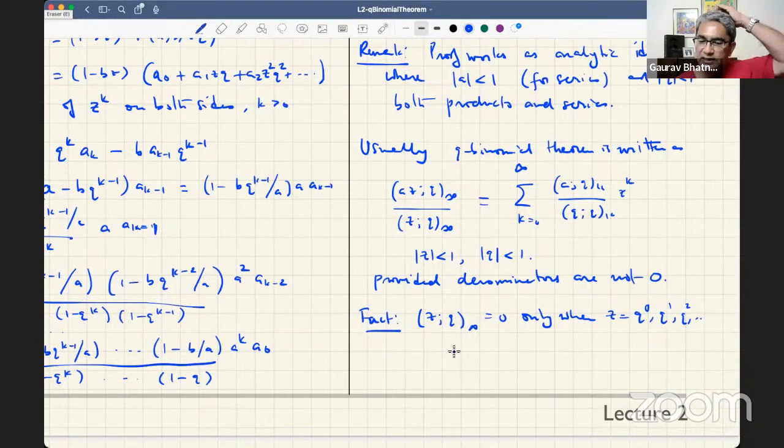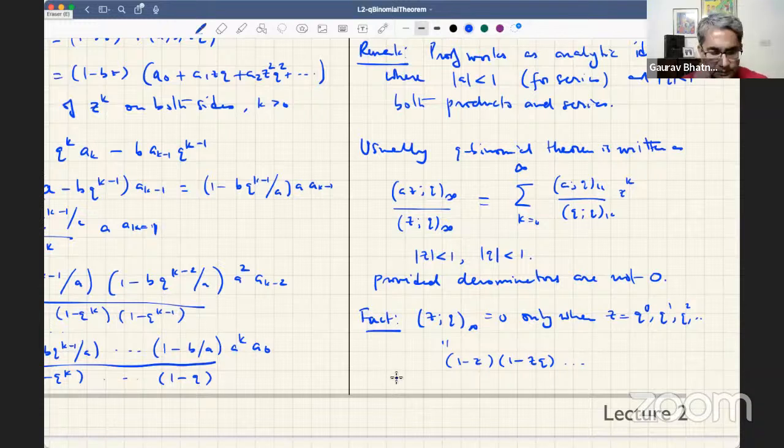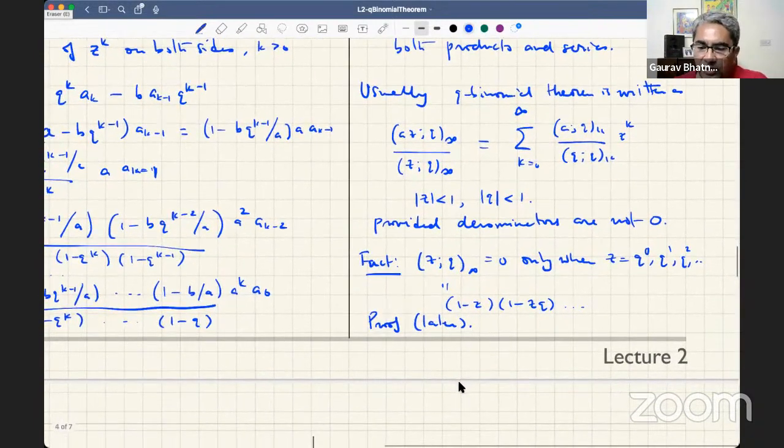So (z;q)∞ is 1 minus z, 1 minus zq, and so on. Whenever any of these terms is 0, then it's 0, of course, but we'll prove that it's actually only at these points. So it requires some proof. We'll prove this later. So that finishes it.